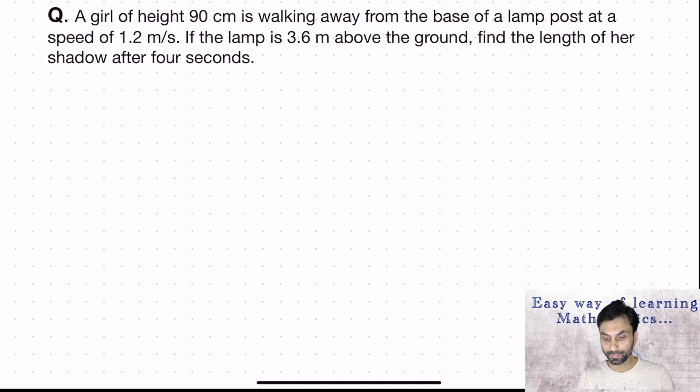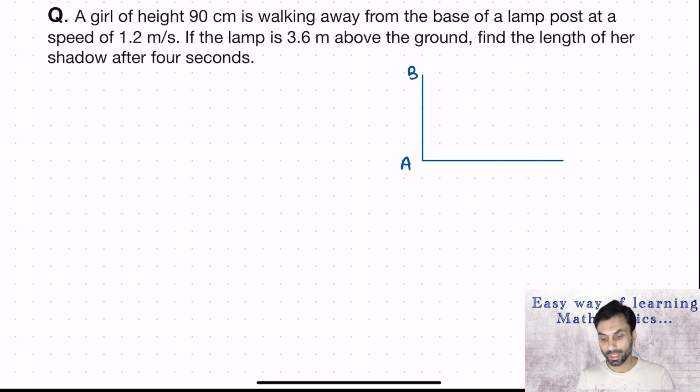So what the question is that, let us suppose that here AB represents the lamppost and the girl is moving away from the lamppost.